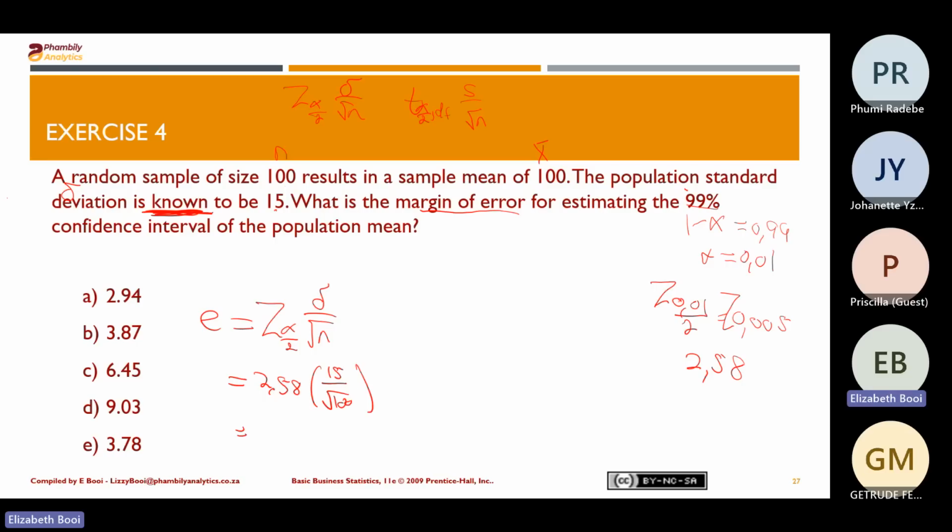So what is our margin of error? Nobody knows.